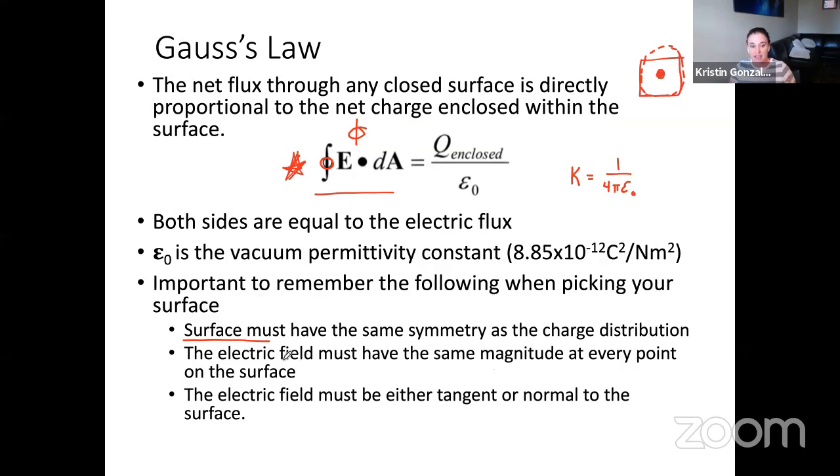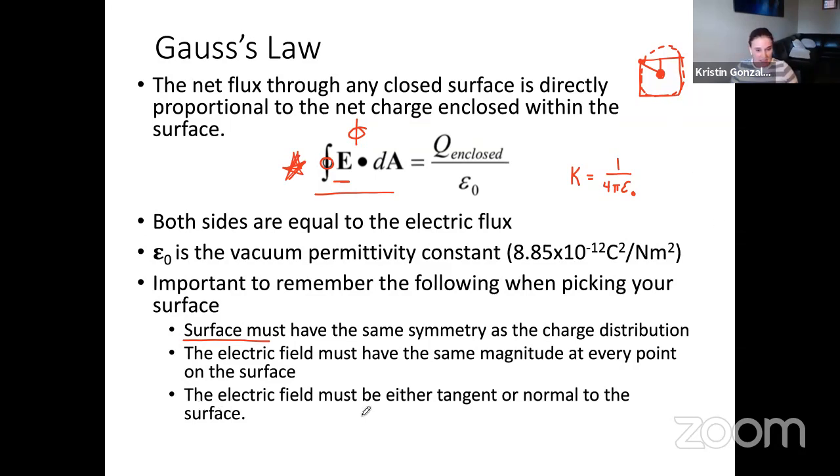The reason for that is that in order for us to be able to do this integral, we want the electric field to be constant everywhere on my surface. And that gets us with the square, because if we know that electric field relates to the distance away from the charge, the corner of a square or a cube is further away than, say, the midpoint on that cube. So the electric field wouldn't be the same everywhere.